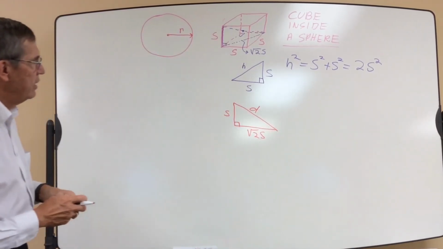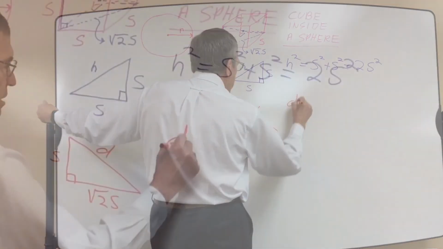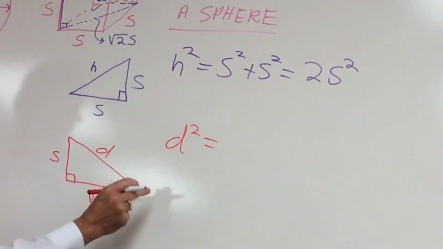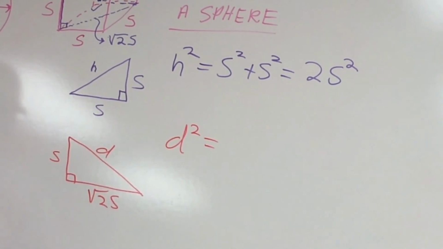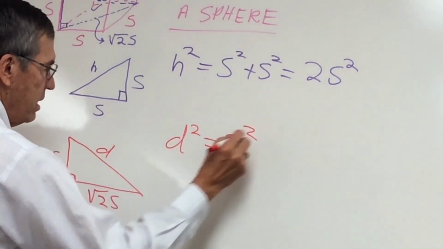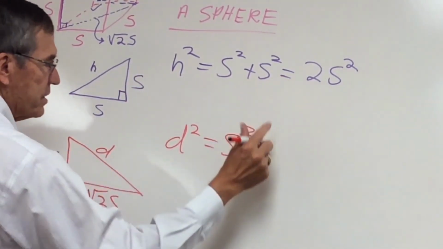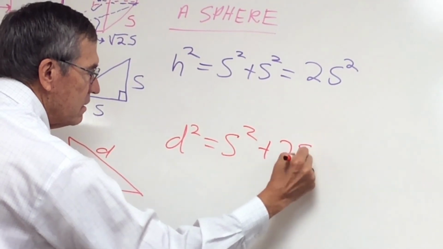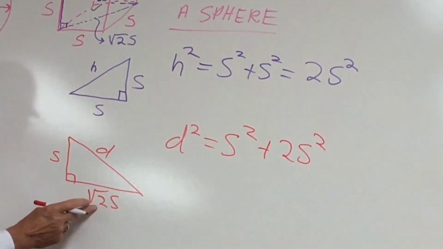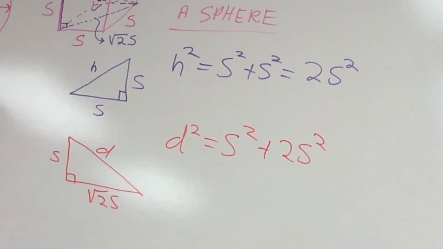Okay? Now, let's use the Pythagorean theorem again. D squared is equal to the sum of the squares of the two sides. Well, this would be S squared. And this would be this squared, which is nothing more than this. If you square square root of 2, you get 2. You square s, you get s squared. Well, that's handy.